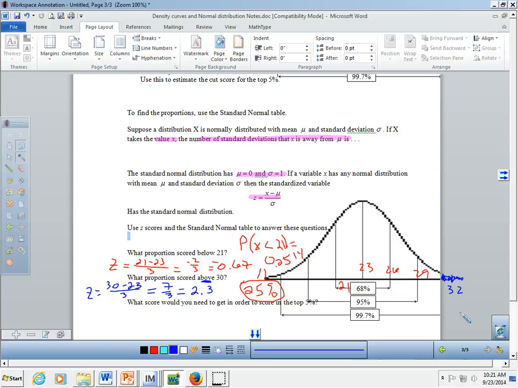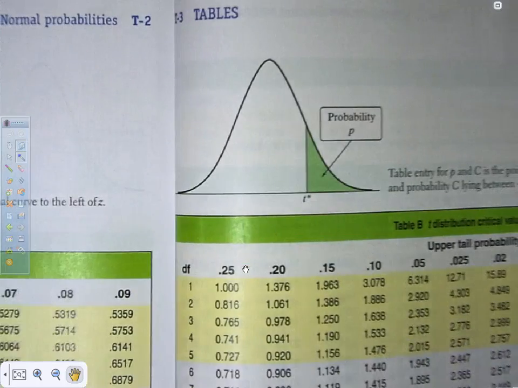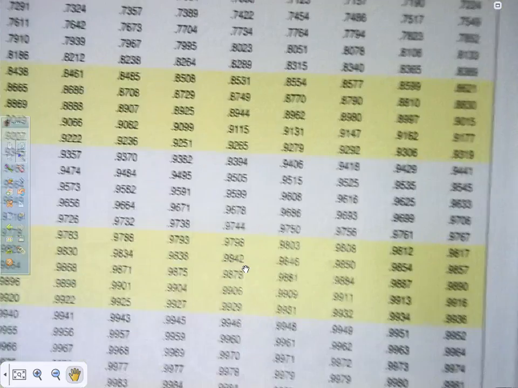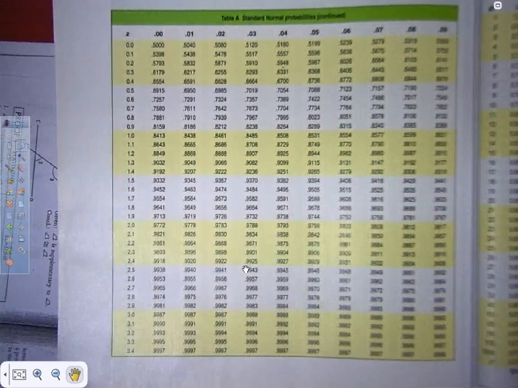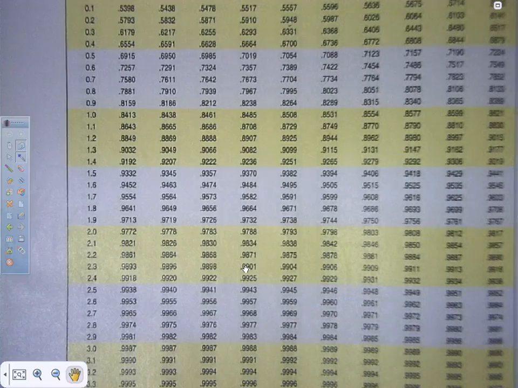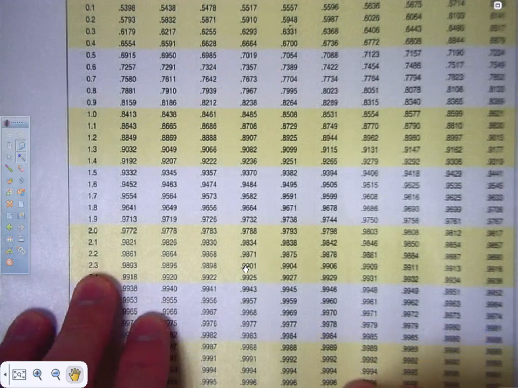So we go to our table, and we go look for 2.3. It's positive, so I need to be on the next page. I've got to go find 2.3. Actually, it's 2.33. I just didn't do what I told you guys to do, and that was carry out to the nearest hundredth.